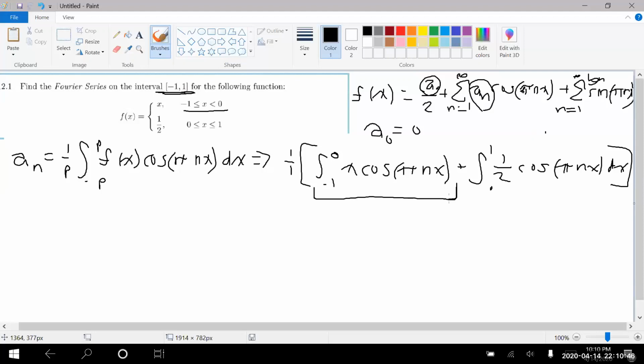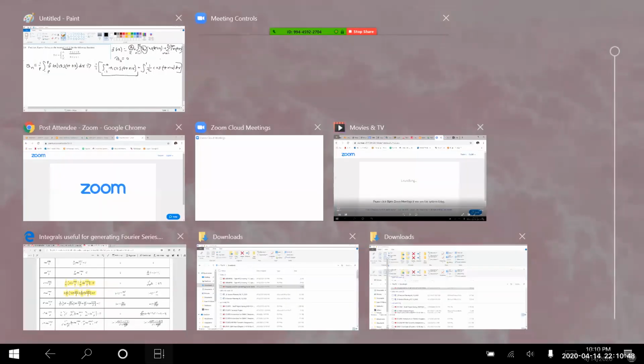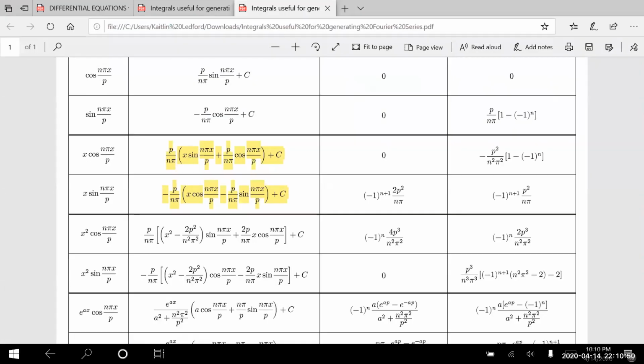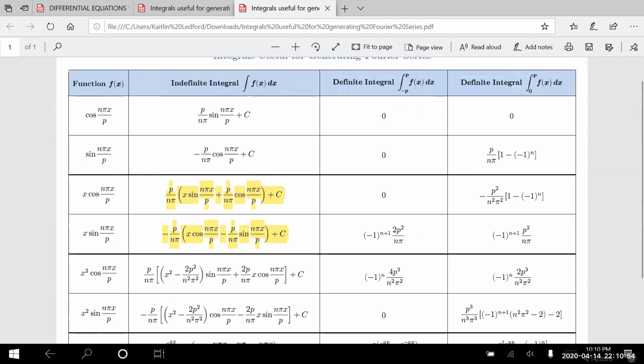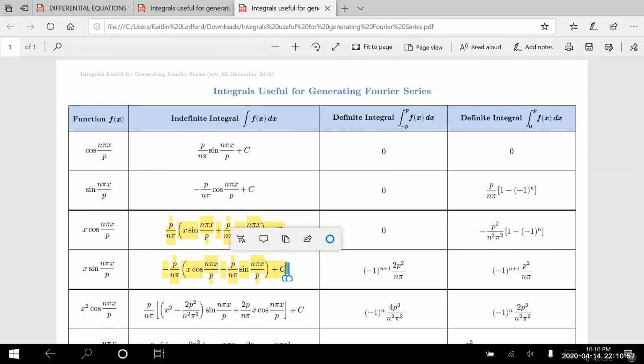So we have x cosine. Let's go and look. For our x cosine, we're going to be using this formulation right here. You might be tempted to use stuff like this over here, and you absolutely can, but you need to make sure that your integral matches the type that you're dealing with.